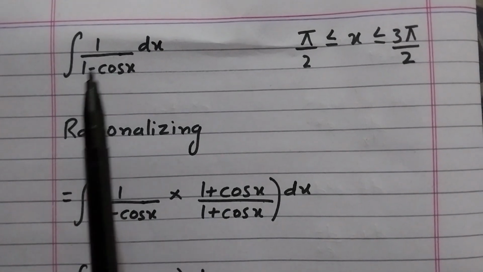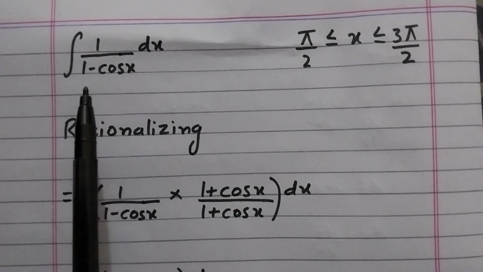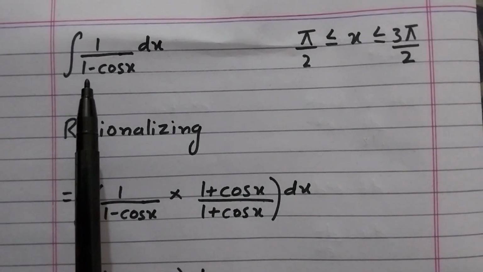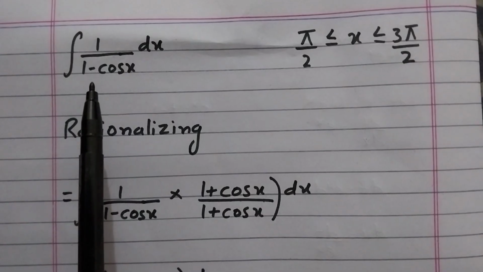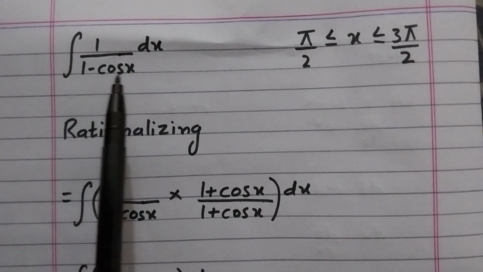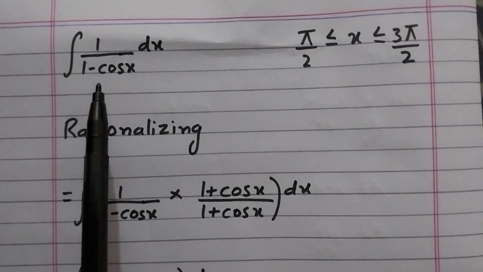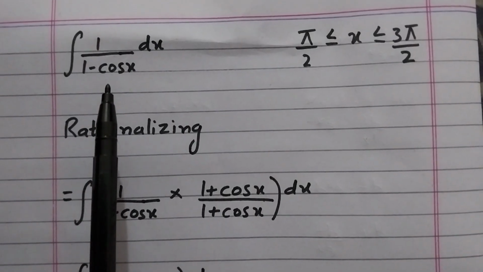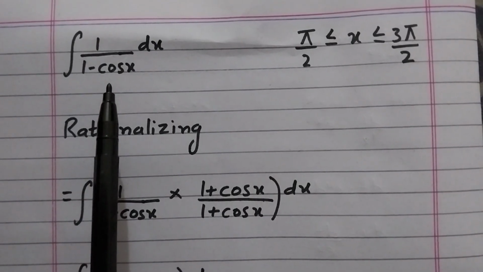The problem in this expression is that it has two terms in the denominator, and when there are two terms in the denominator, we are not able to use the linearity property of the integral.